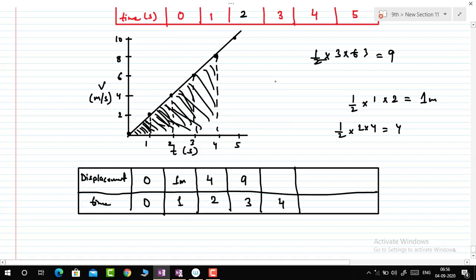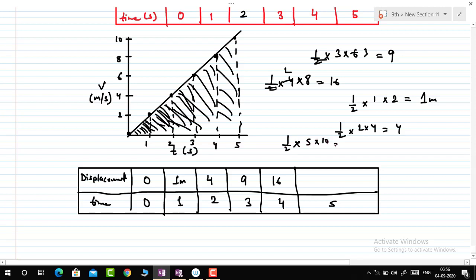So this entire base is 4 and height is 8. So half into 4 into 8, that is 16 meter. And for time equals to 5, we can find this entire area, that is half into base. Base is 5 and height is 10. So it will be 25. So we got the displacement.